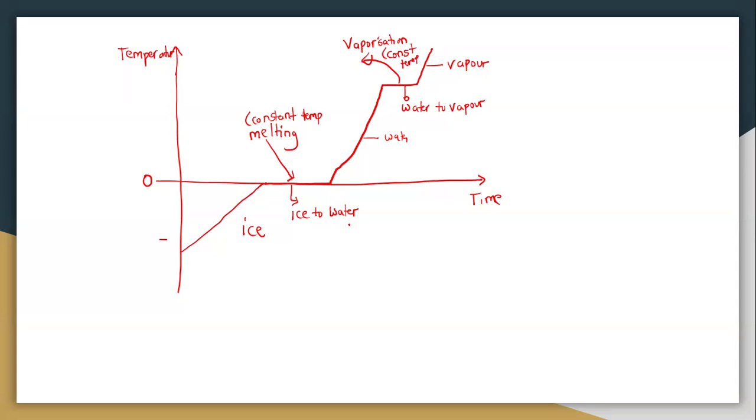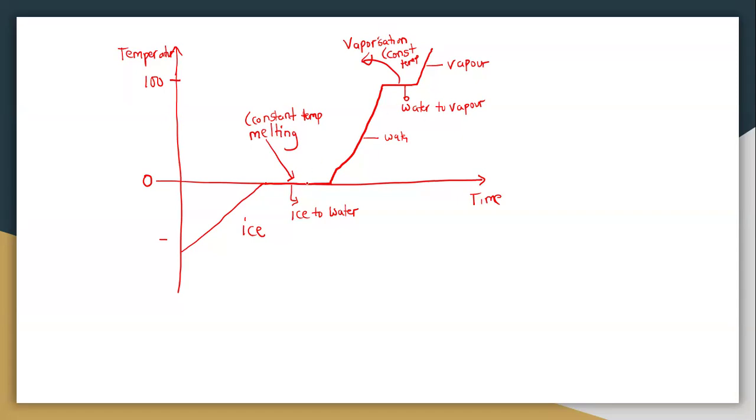Now, whenever you are given these scenarios, ask yourself, is it going to be a heating one or a cooling one? Whenever it is a heating one, your graph will look like this. You'll have a change of temperature, and we know that water will boil at around 100 degrees Celsius. The moment it reaches 100, your water is going to turn into vapor.